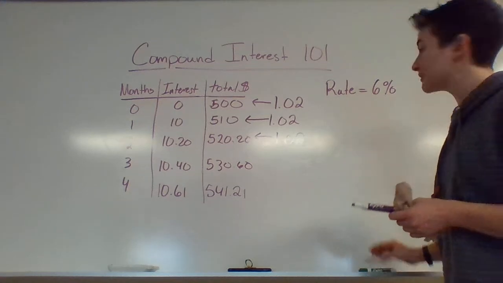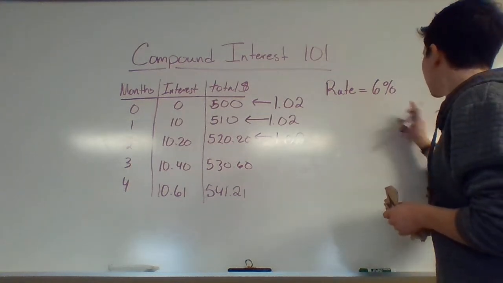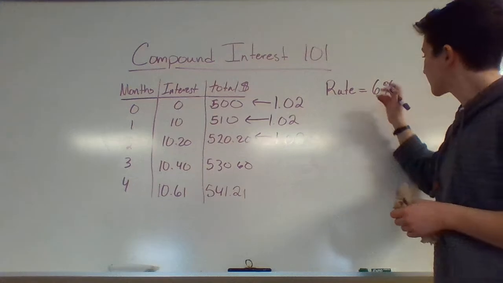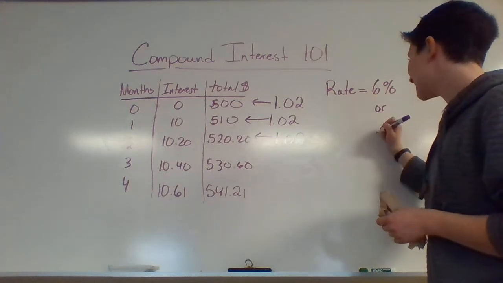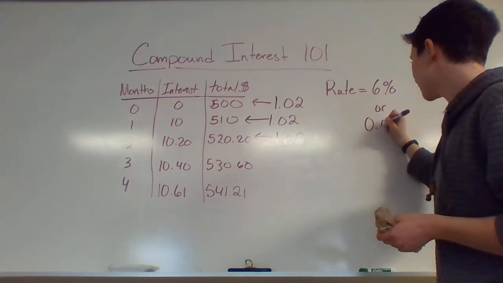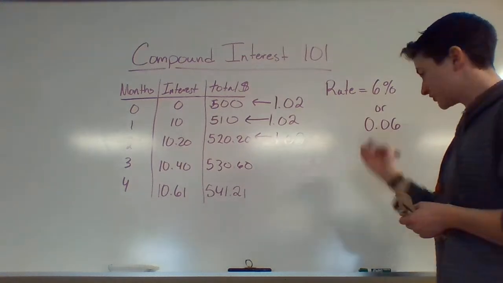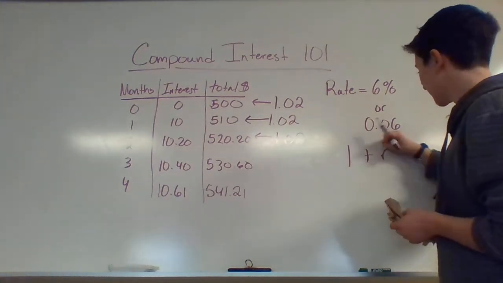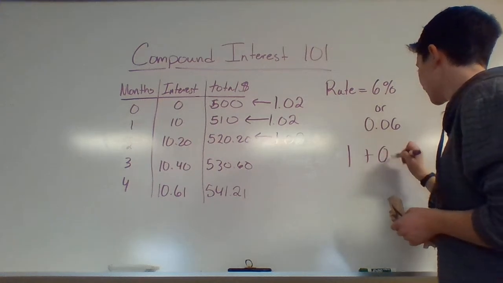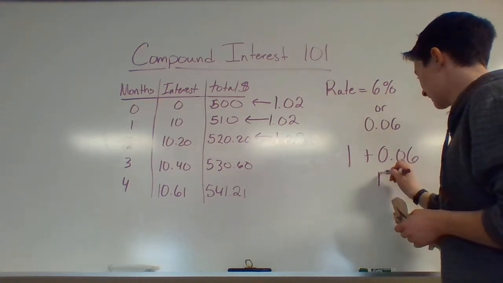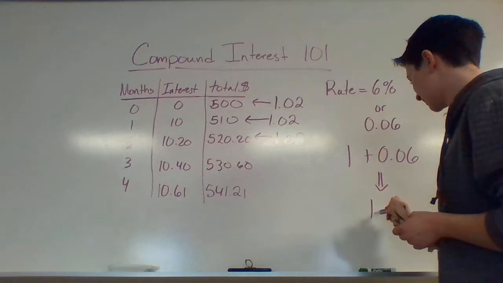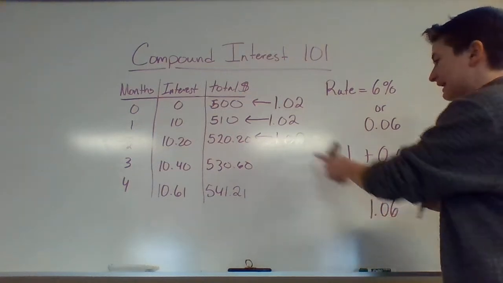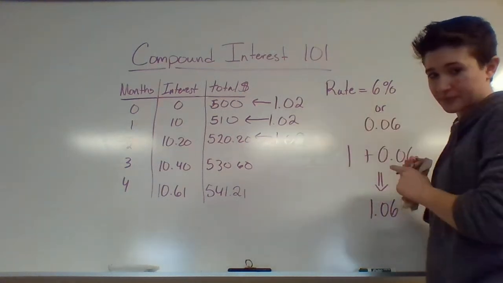I don't want to have to pay that much money. So this person's got 6%. If we divide that by 100, we should get 0.06. So again, I take 1 plus my rate, in this case 0.06, add it, and I get 1.06. And that would be what I was multiplying by each time.